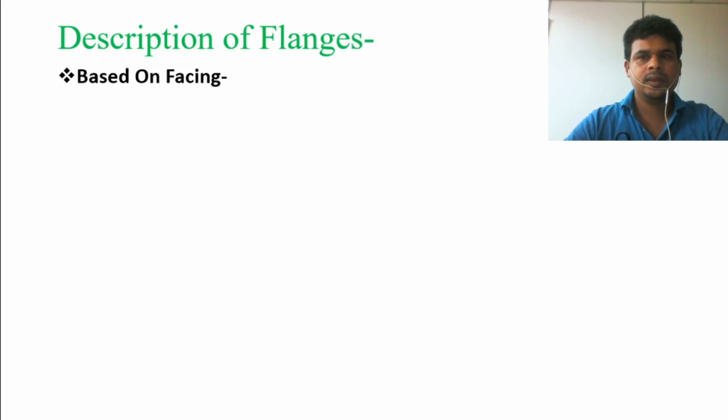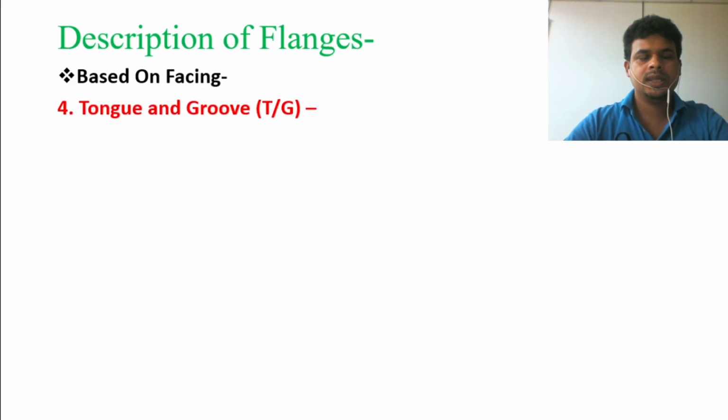So discussion on flanges. In lecture 9 we also discussed flange types based on facing, related to RF flange, FF flange and RTJ flange. So we'll continue from lecture 9.